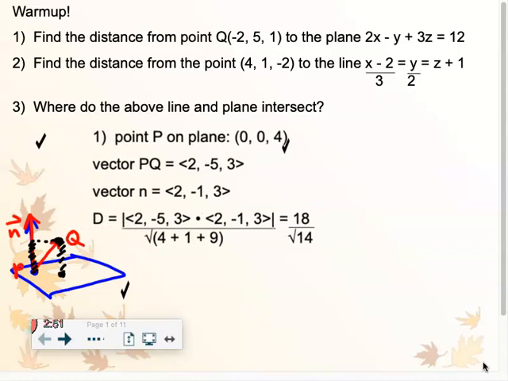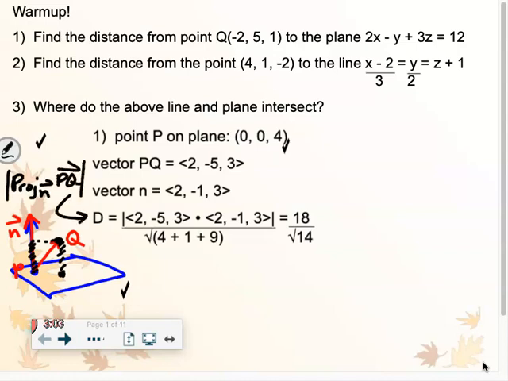The magnitude of the projection of PQ onto N is PQ dot N over the magnitude of N. That's the magnitude of the projection: the dot product over the magnitude of the lower one. And the magnitude of the projection in this case is your distance. So that's how I did it.